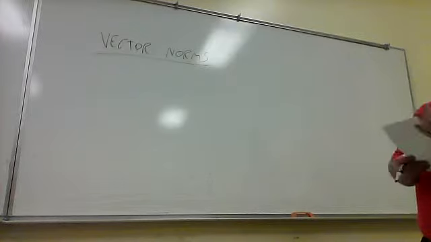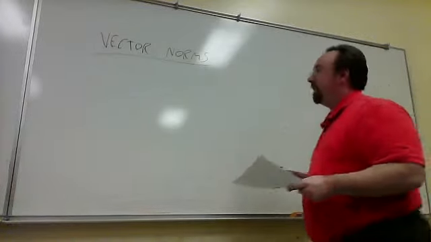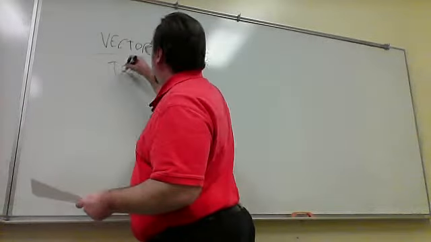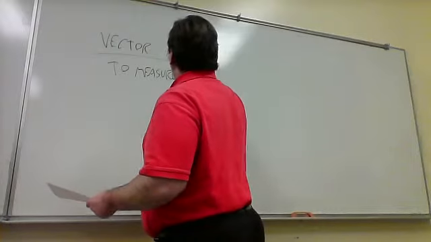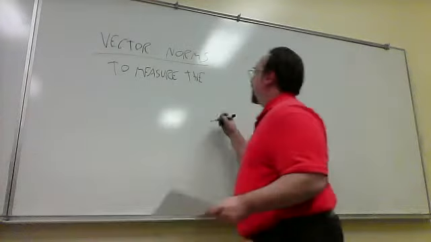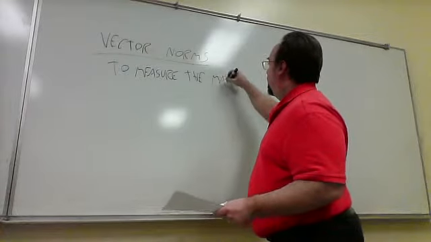Some are going to be more convenient than others in certain contexts. I'll talk about vector norms today, and then we'll get into matrix norms on top of that on Wednesday.